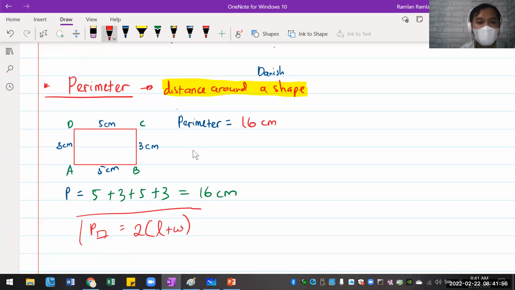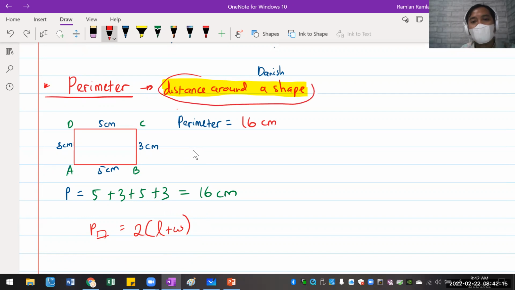So this is the perimeter of a rectangle.